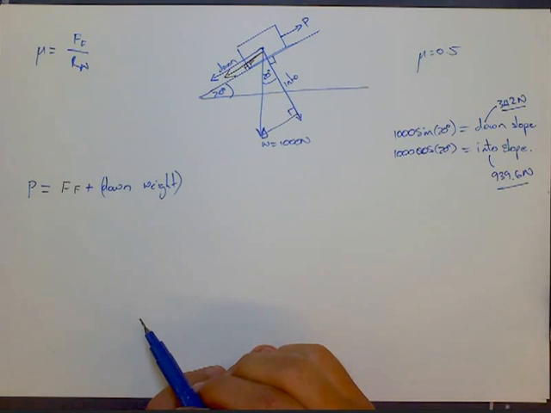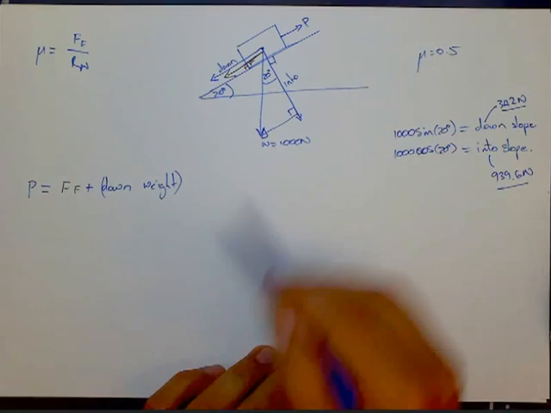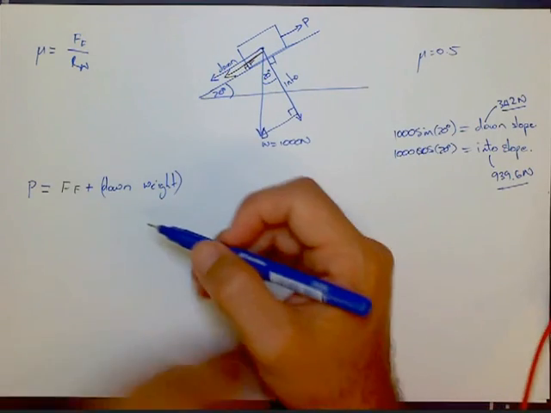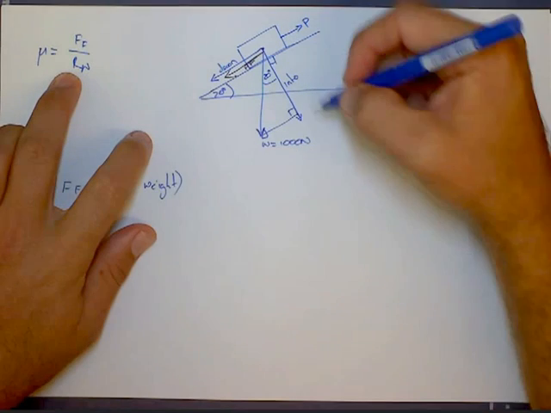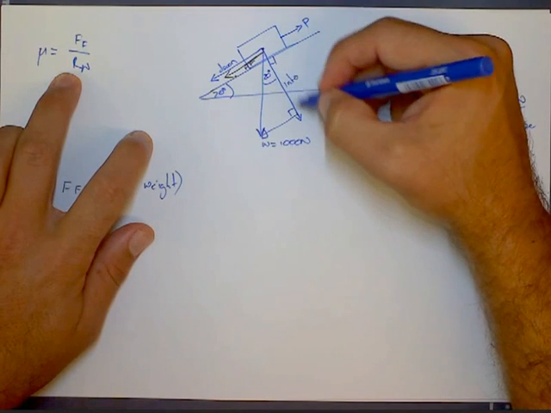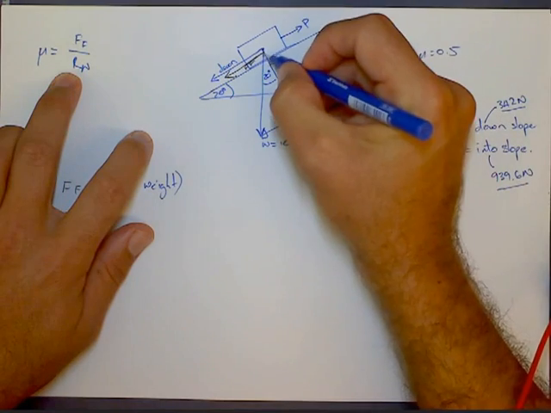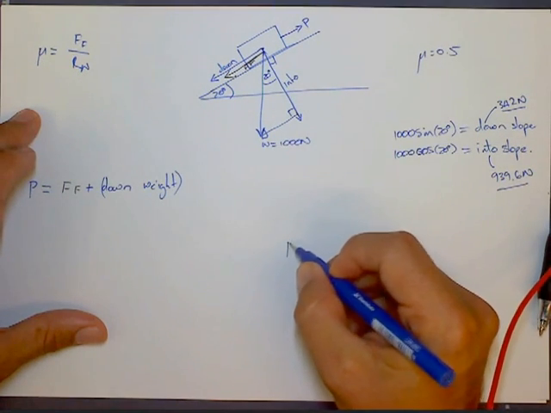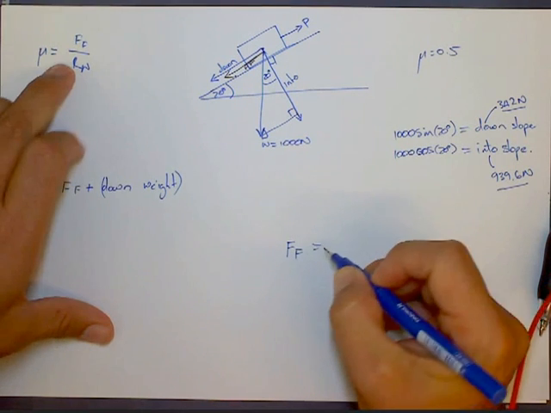So we can't just start throwing out our coefficient of friction or our normal reaction being equal to our weight. Let's start looking at this. The normal reaction is actually this force over here, which is the amount of force going into the slope, because it's reacting to that.